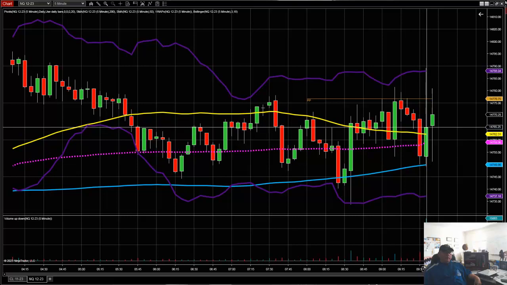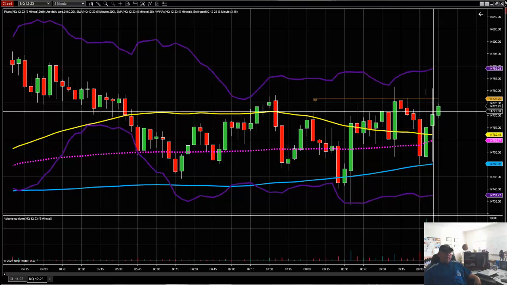It's not a very good long signal here on the first 5 minutes. This one's a little better on the next 5. But still inside that range.